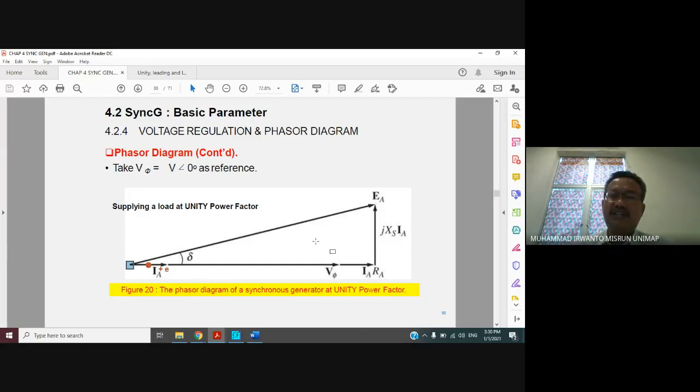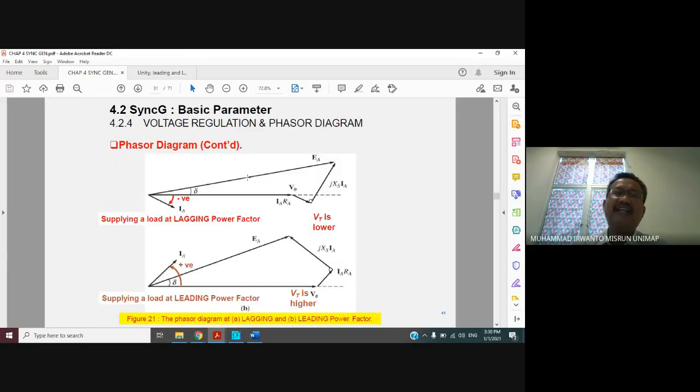That is the unity case. The second is lagging power factor.